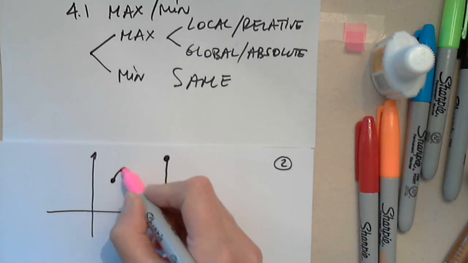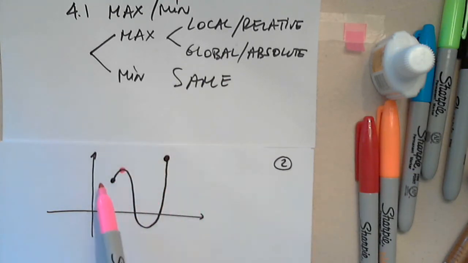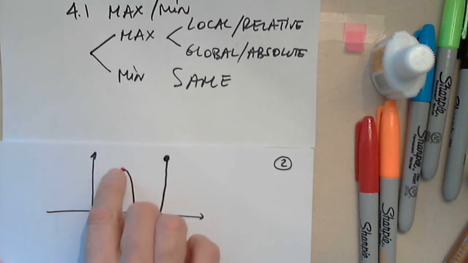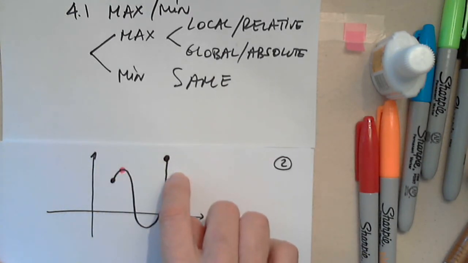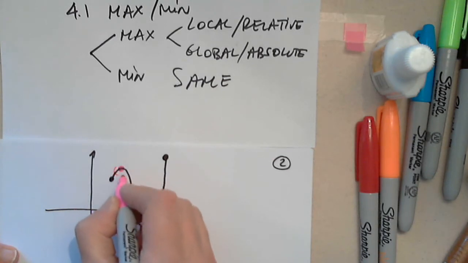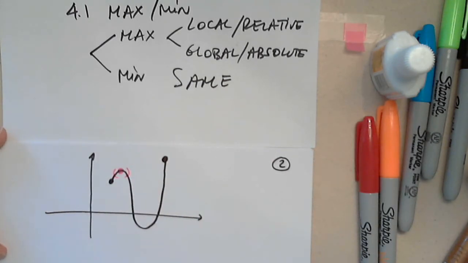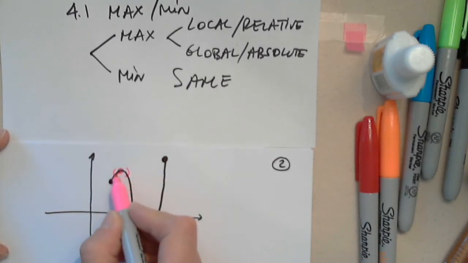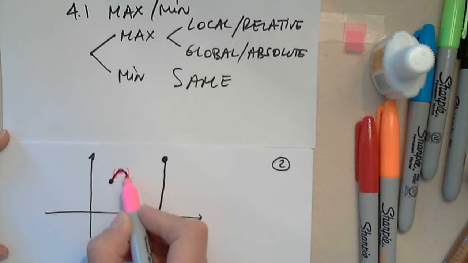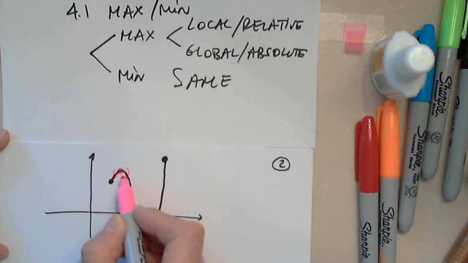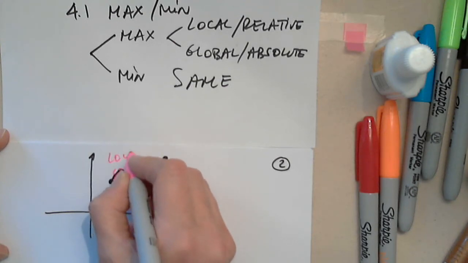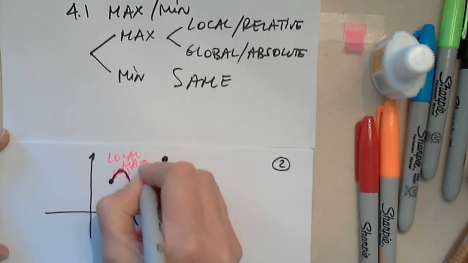Obviously, this point is not absolute because there is a higher value than it for this function. But the function exists on both sides, and function values are smaller than this one in this open interval. This is called a local max.